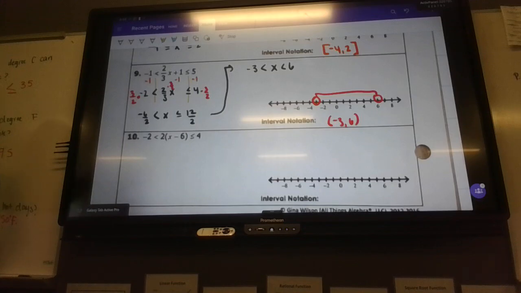Let's distribute. First we're going to distribute. So we're going to do -2 is less than 2 times x is 2x. 2 times 6 is 12 is less than or equal to 4.